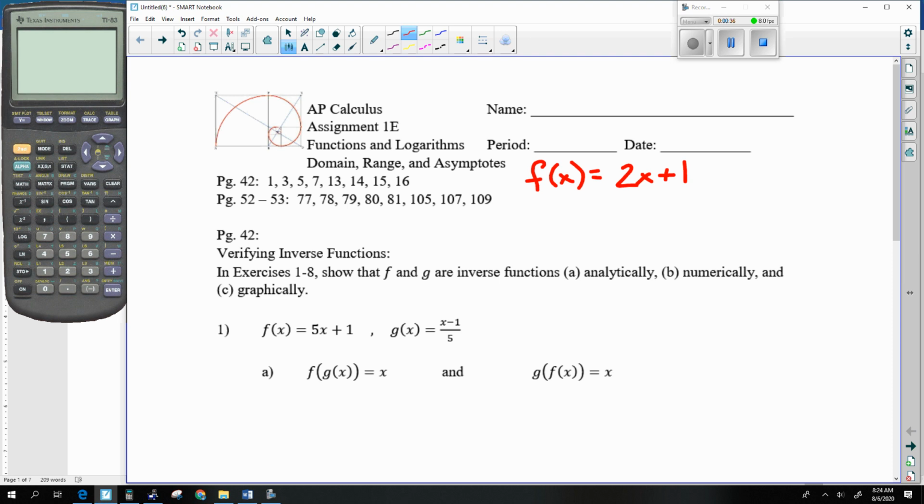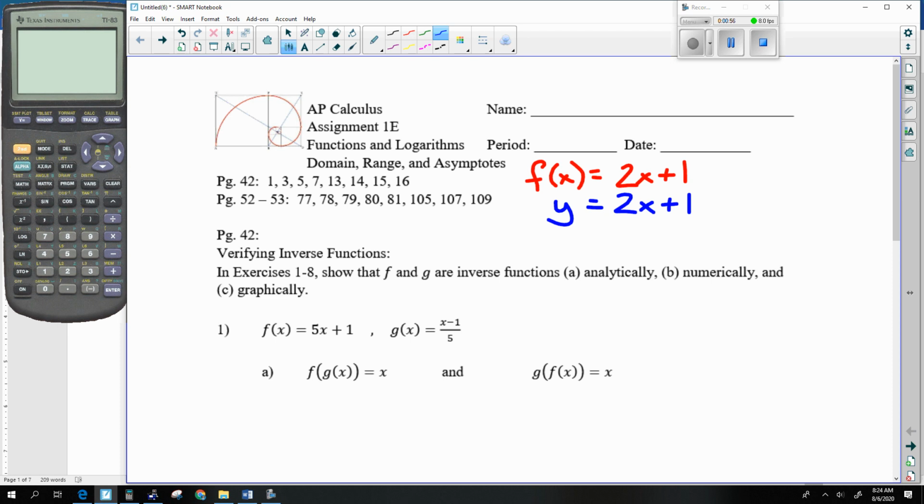The idea behind an inverse function is we understand that this f of x is actually the letter y. Now, what an inverse function is, every x becomes a y and every y becomes an x.